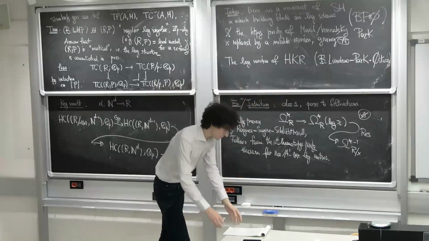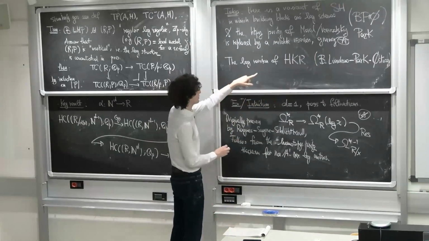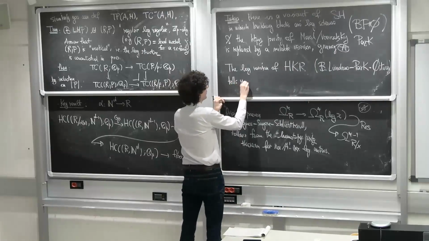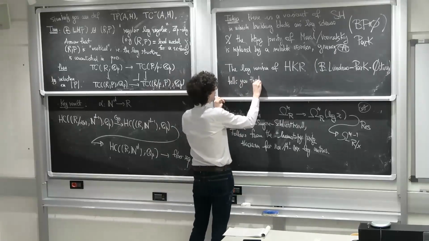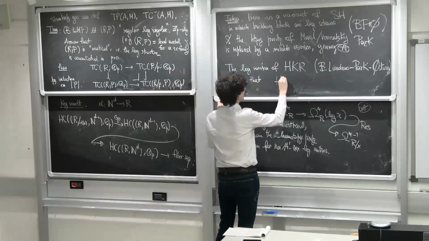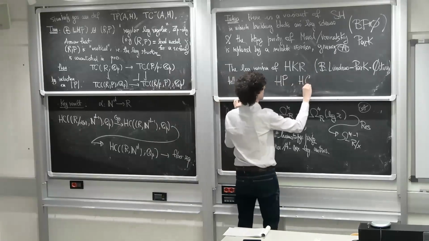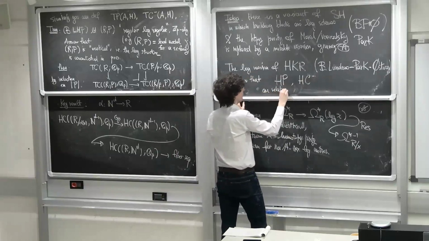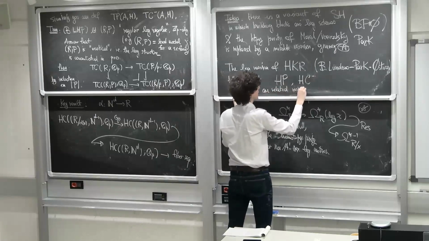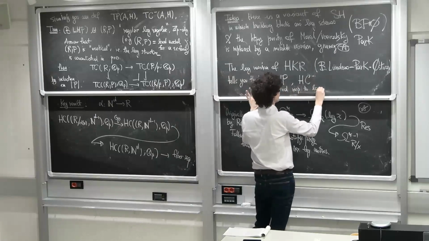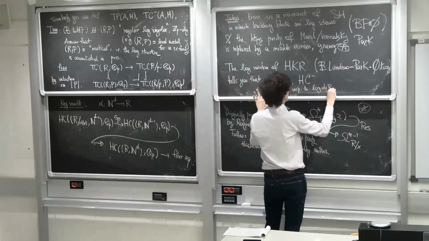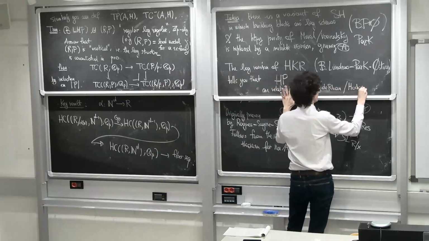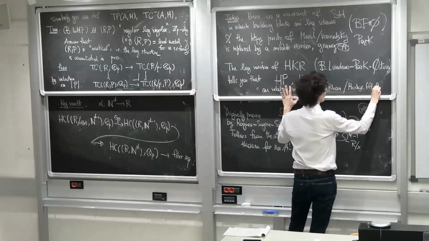Right, so the log version of HKR tells you that HP and HC minus are related respectively to log de Rham and Hodge-filtered log de Rham homology.